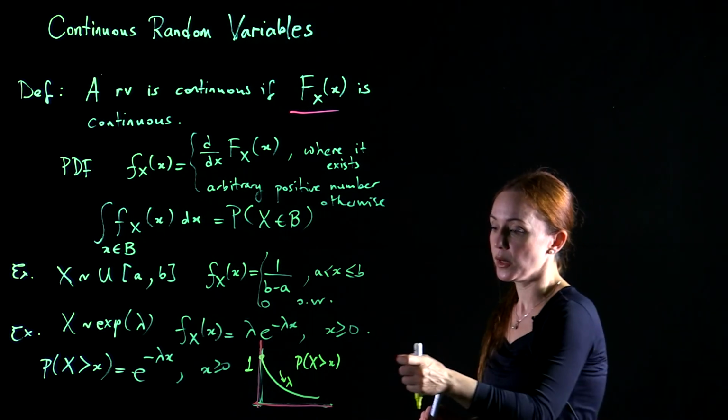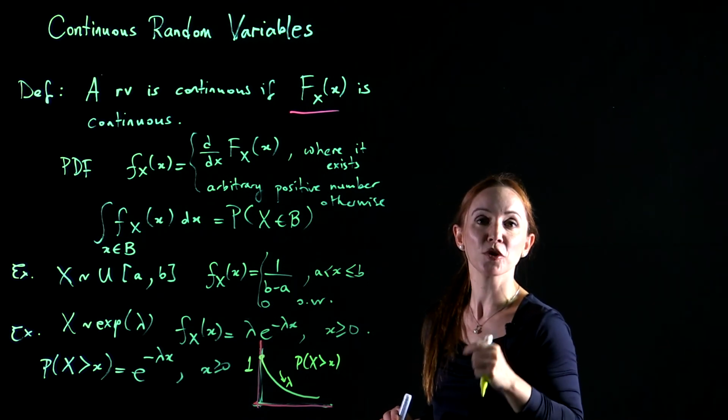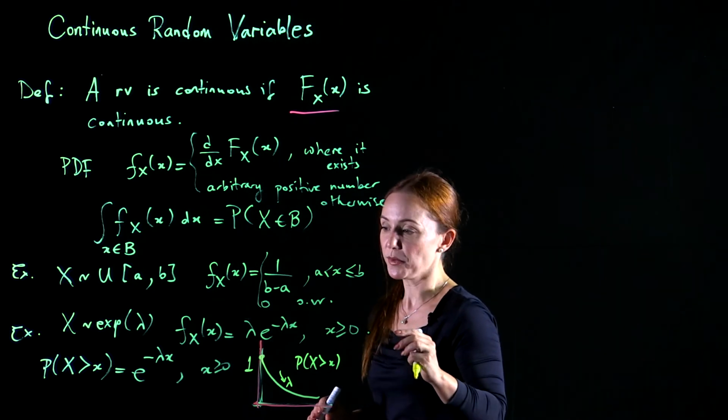A consequence of this complementary CDF is the memorylessness property of the exponential random variable. Memorylessness property means the following.